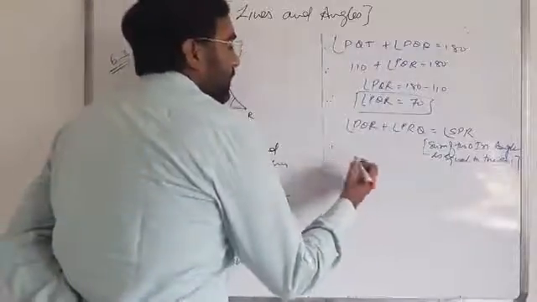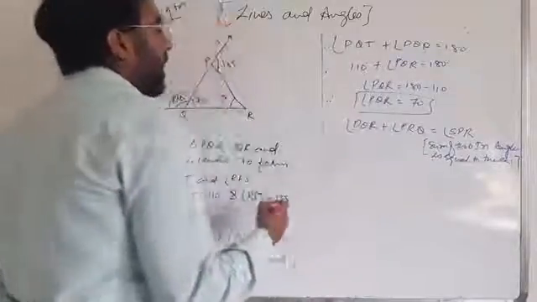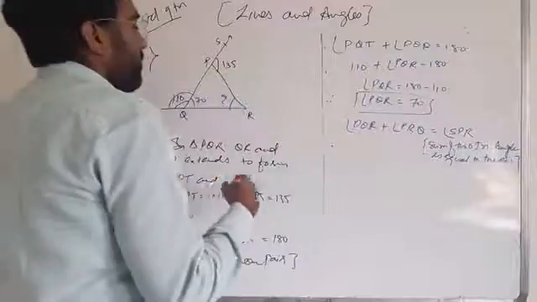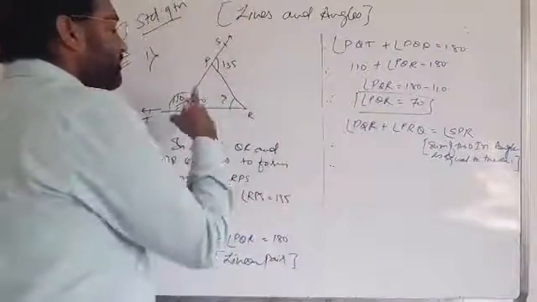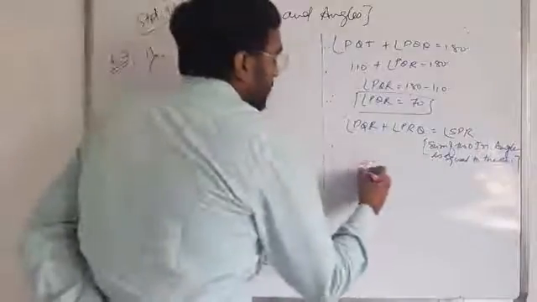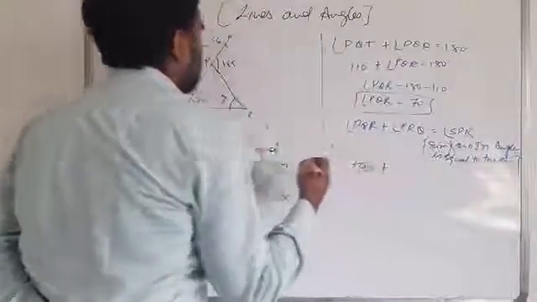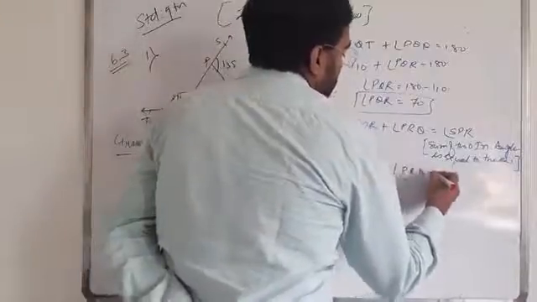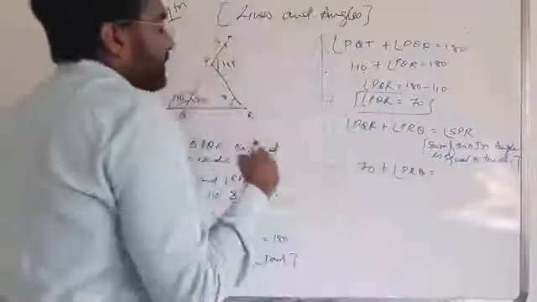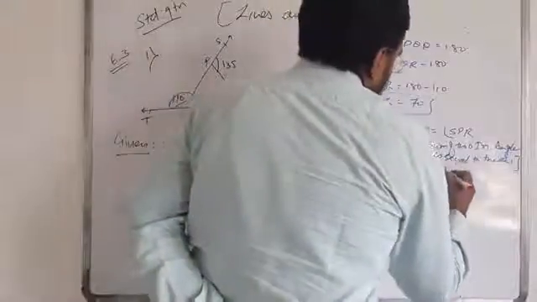Now angle PQR is given as 70 degrees, plus PRQ, which we should find, is equal to SPR, which is given as 135.